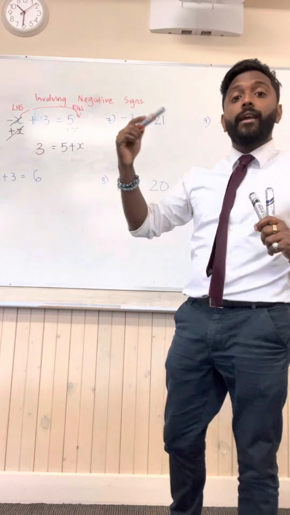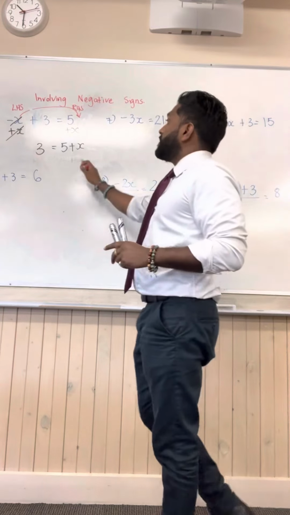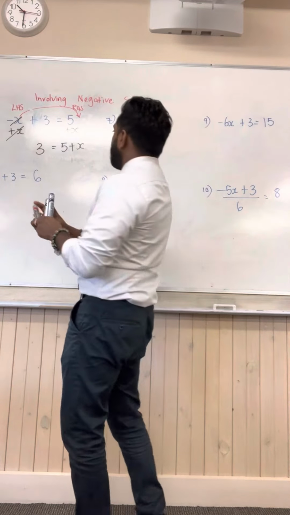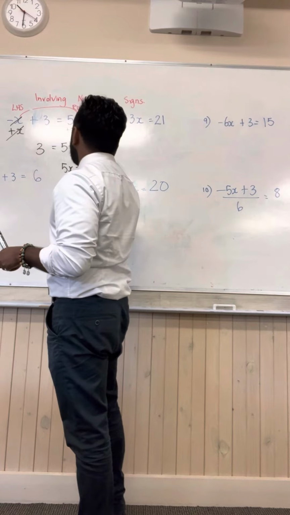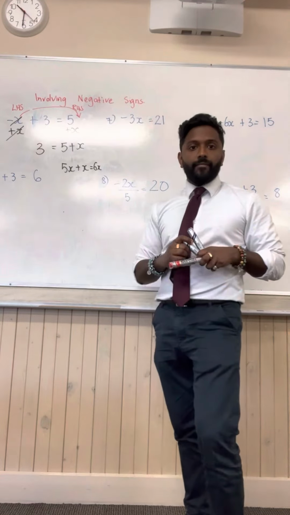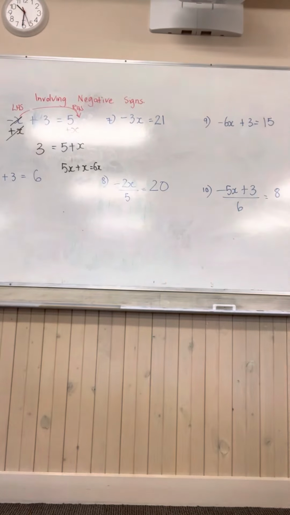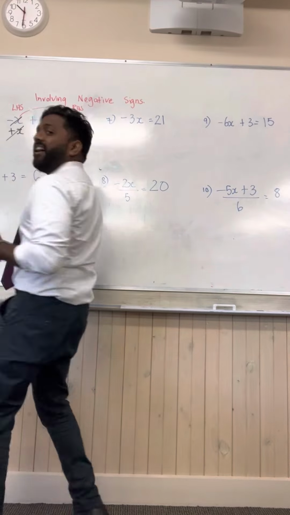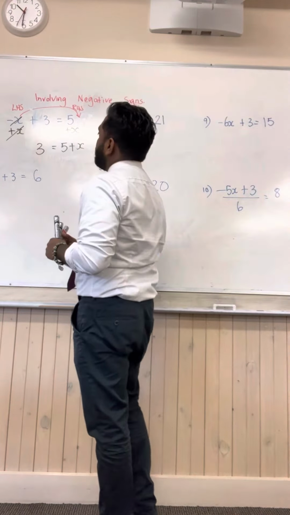You can only add like terms, going over the previous topics. So these two are not like terms. If it said 5x plus x, yes, you can add them. But in this situation, it doesn't actually say that. It actually says 5 plus x, so you can only add if they're like terms.